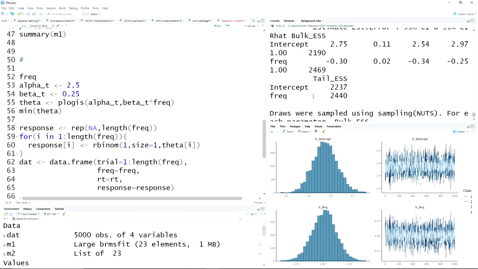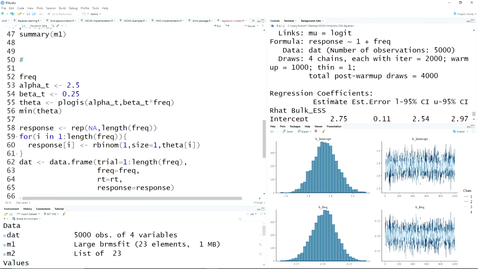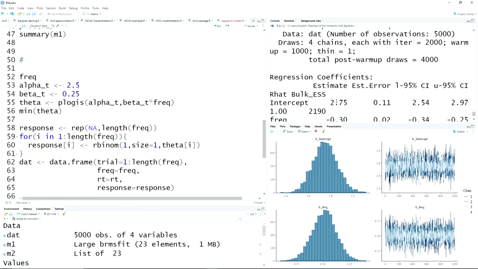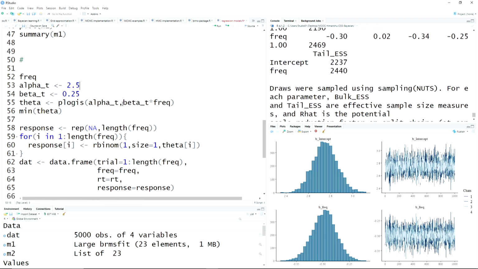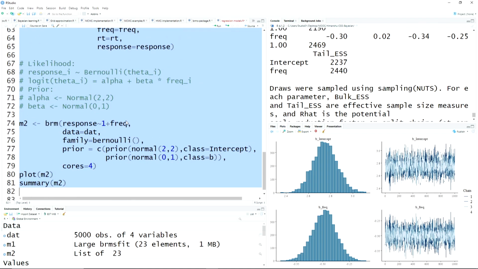It's supposed to be positive, right? Okay, we made a mistake here. Okay, so it should be alpha plus beta into frequency. There's a mistake in data generation. I think it should be fine now.